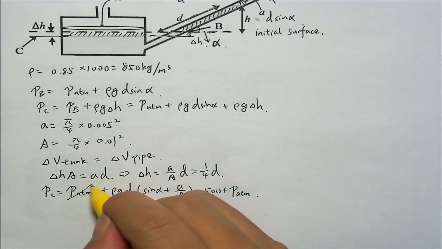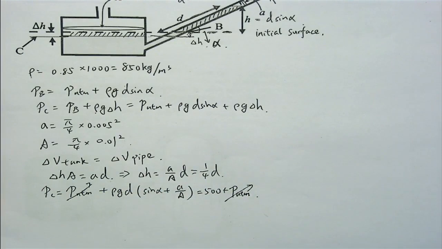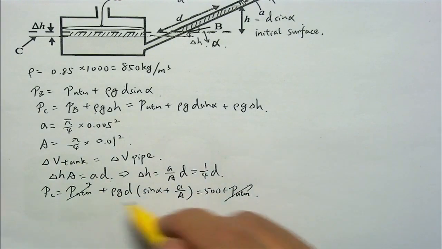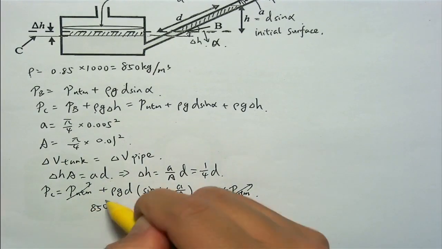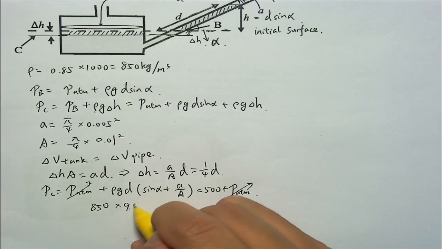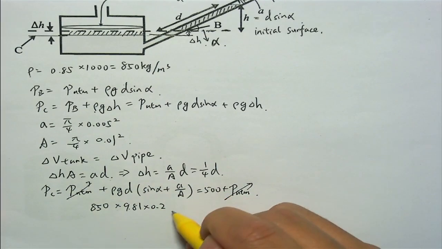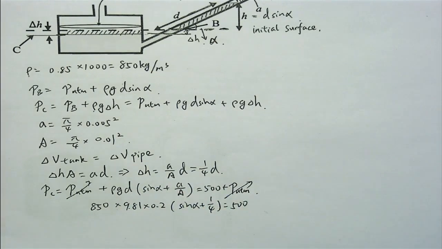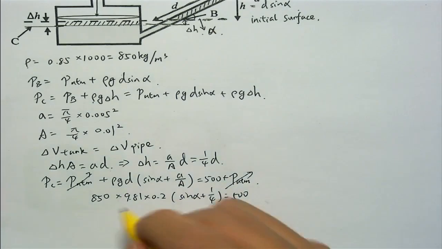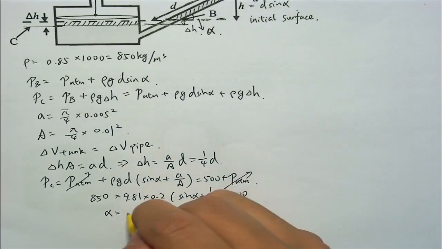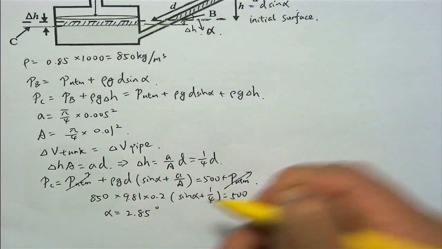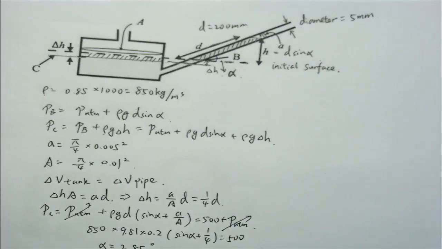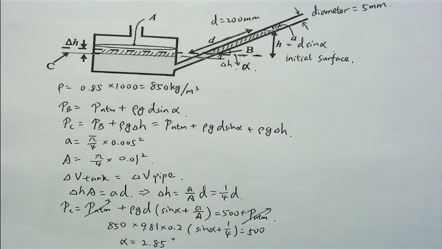Yep, so we just take these two off and put the density and the length in the equation, and we got the inclined angle alpha at 2.85 degrees. Is it clear? Make sense? Got any question?